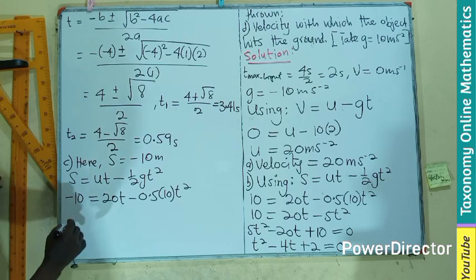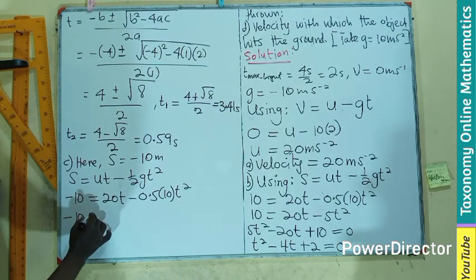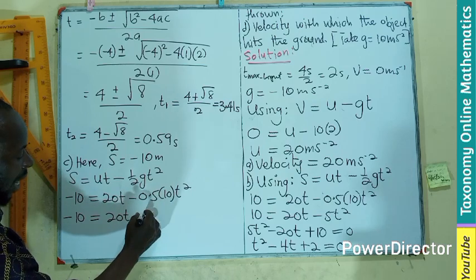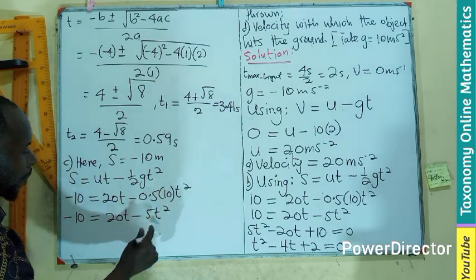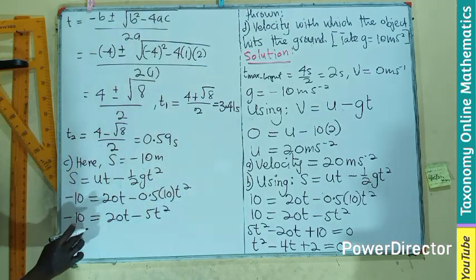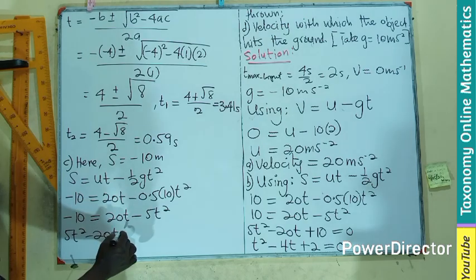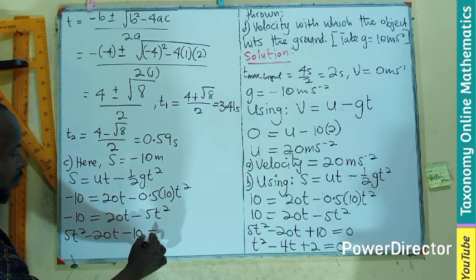Let's move fast forward to have negative 10 equals 20t, minus half of that which is 5t squared. When we transpose all this to this side, it becomes positive 5t squared, negative 20t, the 10 remains negative, equals what?